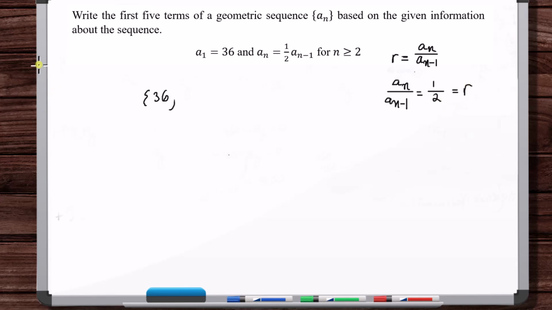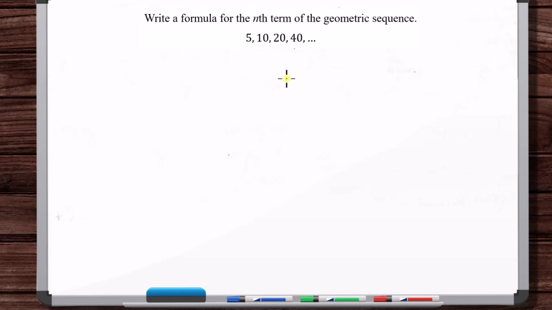So 36 times r is 18. 18 times r is 9, and then 9 times r is 9/2, and then 9/2 times r is 9/4. That's the first 5 terms.